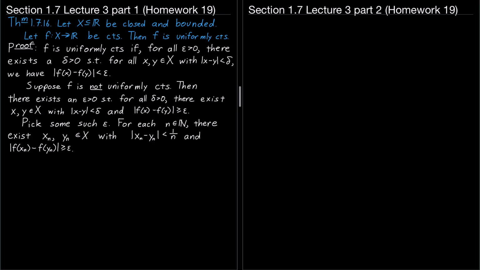So let's look at our sequence of x_n's first. This is giving us a sequence of points. The x_n's are in X, and X is bounded. So this is a bounded sequence.